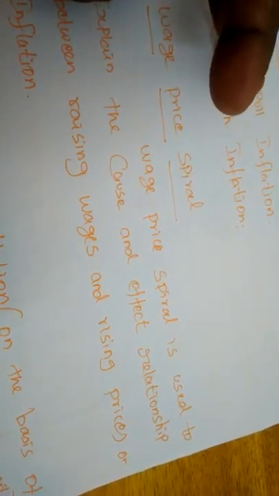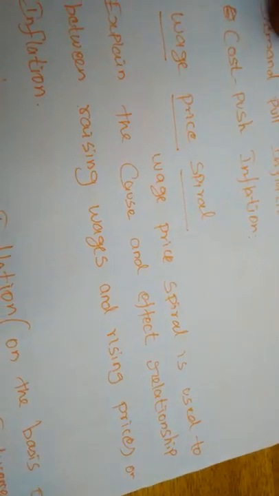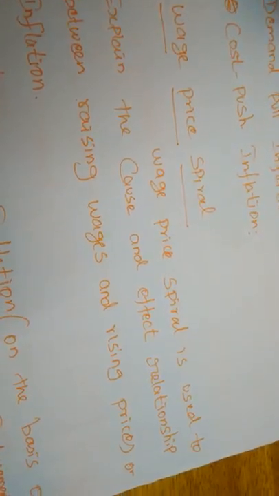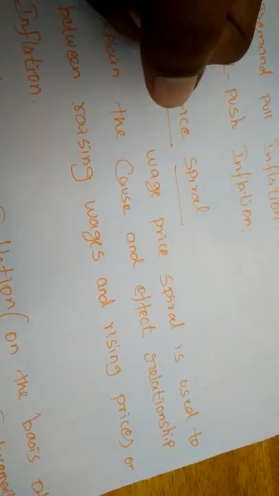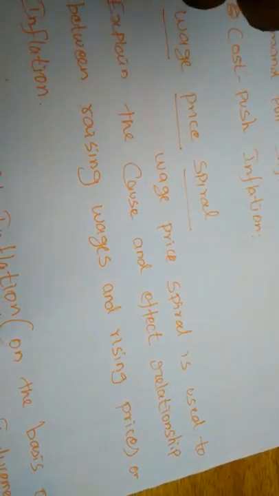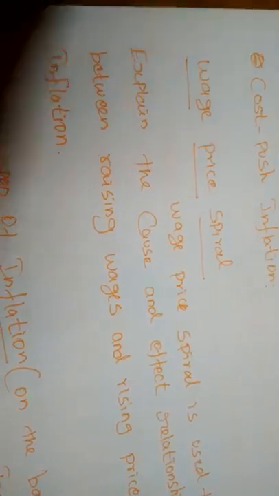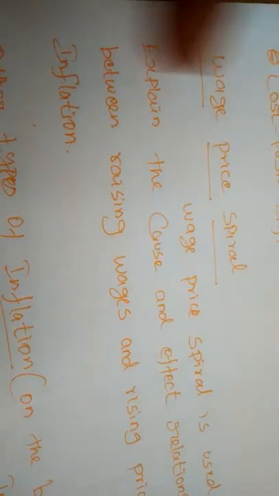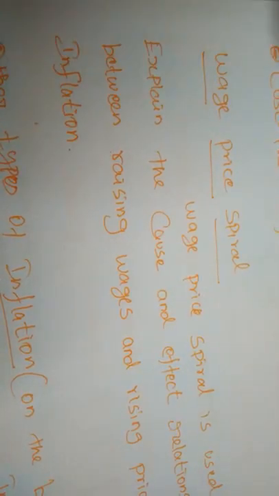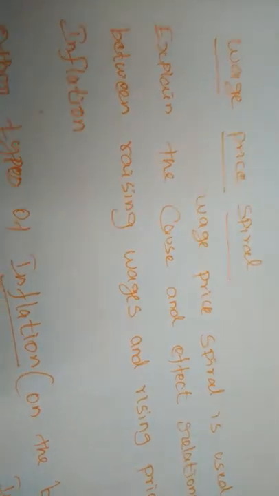On the basis of the increased wage level, the producer again increases the price of commodities. On the basis of the increased price, again the labor will require higher wages. So whenever the wages increase, the price will also increase. The wage and the price will keep rolling step by step, up and down.